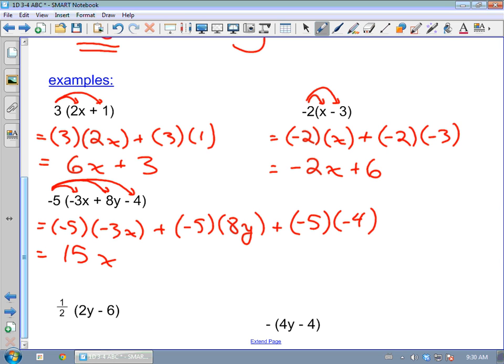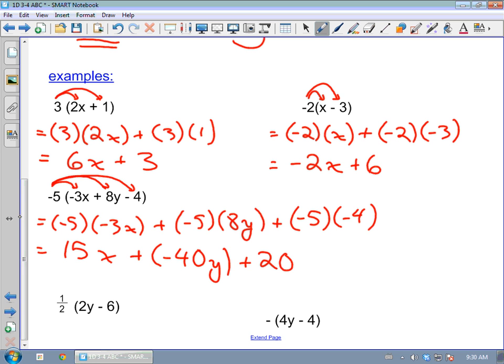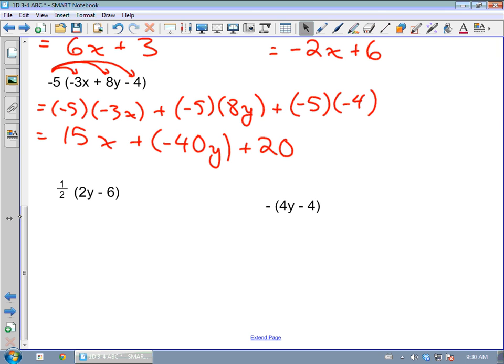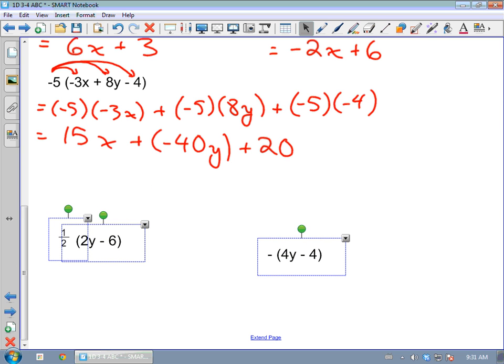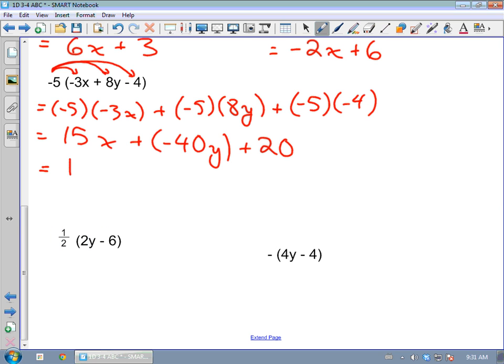Good. And then I'm just going to clean this up a little bit here. If I've got a plus 40y, well, if I'm adding a negative, that's like subtracting.